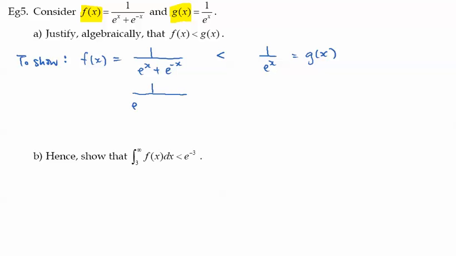Starting with this, if I'm to take out the GCF, we will take out the one that has the lowest exponent. So with e to the negative x having the lowest exponent between the two, I can factor this function f into expressions here.